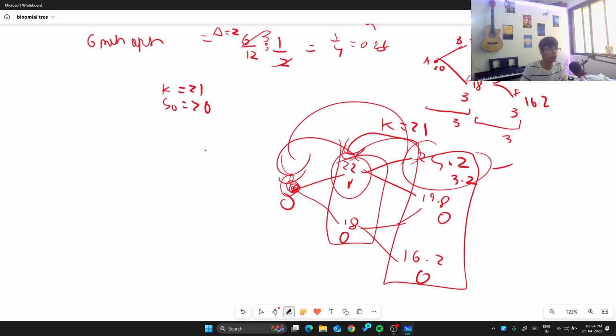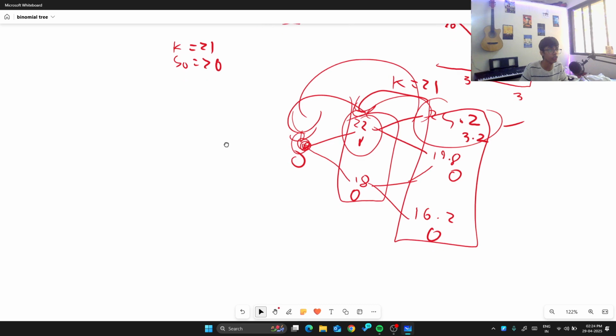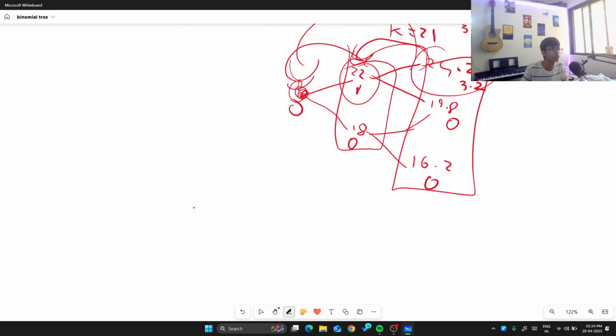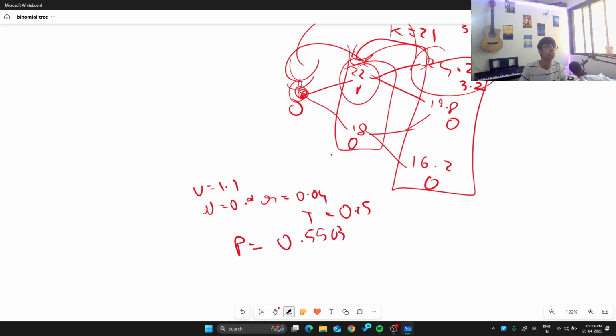So our up movement, we know, is 1.1, down movement 0.9, r is 0.04, T is 0.25. So the probability would be the same, 0.5503, 0.5503.